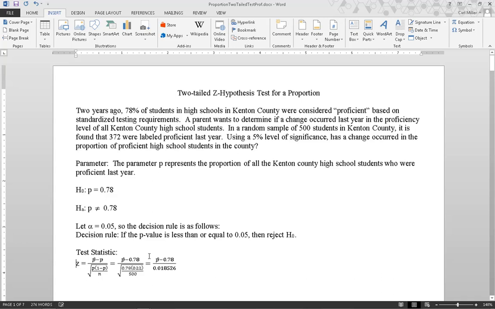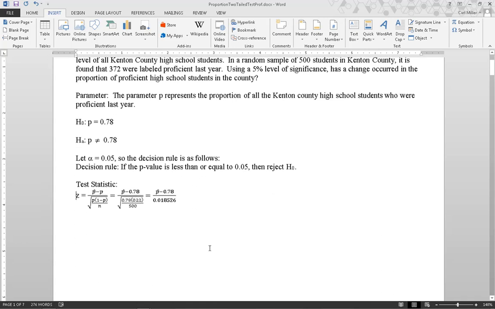Our z-score, remember, is that formula: the sample proportion p hat minus the value of our parameter p, if the null is true, over the square root of p times 1 minus p over n.